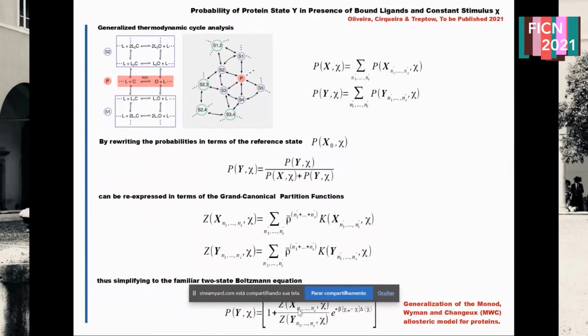So in the present form, that probability is a generalization of the classic Monod, Wyman, and Changeux allosteric model for proteins. And its meaning is quite straightforward.